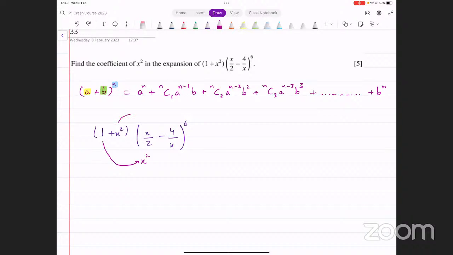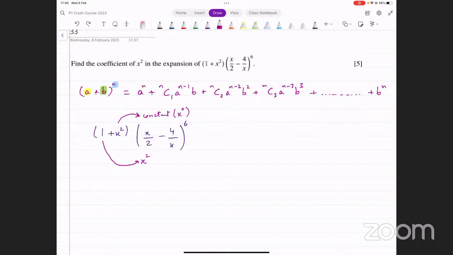X squared will also be multiplied with all these terms in the other expansion. Now, what multiplied by x squared can give us x squared as the result? A constant. Or we could say x power 0. So from the second expansion, we actually need to figure out two terms, x squared and x raised to power 0. These are the two terms that we need from this expansion.